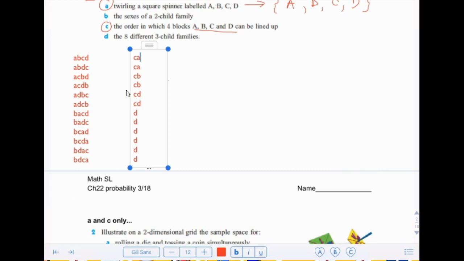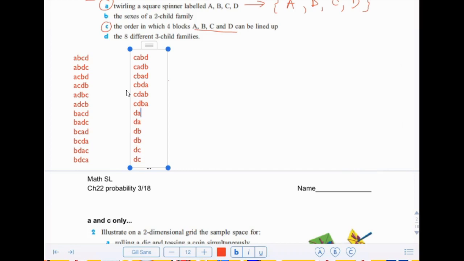Those are the beginnings. And then for CA, the only 2 combinations left are CADB and CABD, then CBAD and CBDA, and CDAB and CDBA. Here, same thing. Be organized. There's DA, there's DB, there's DC.